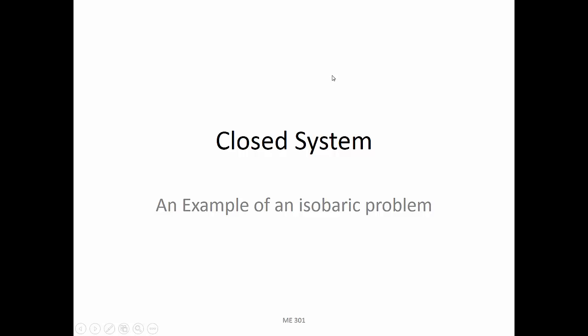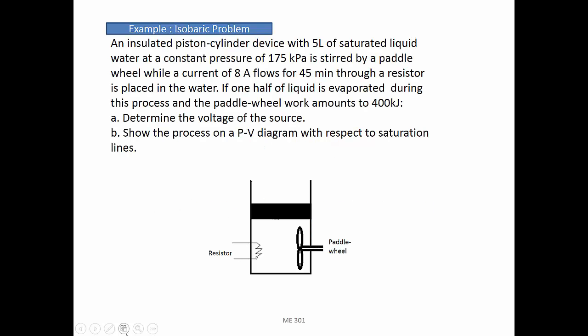Here is another example of an isobaric problem. An insulated piston cylinder device with 5 liters of saturated liquid water at a constant pressure of 175 kilopascal is stirred by a paddle wheel while a current of 8 amps flows for 45 minutes through a resistor placed in the water.